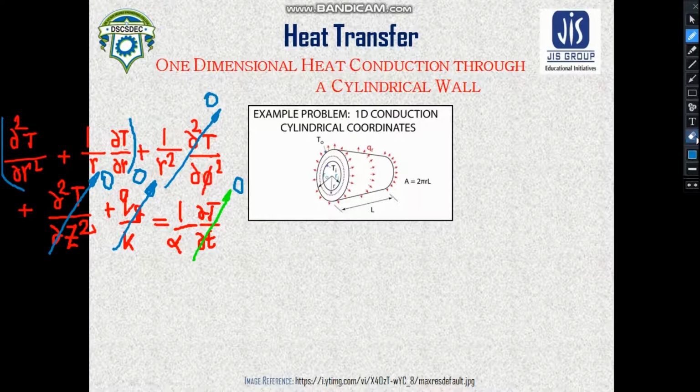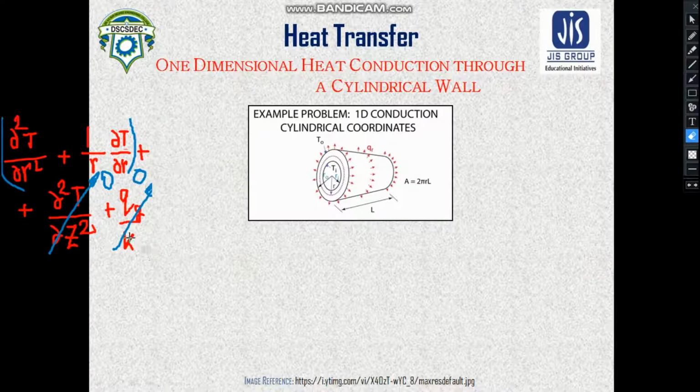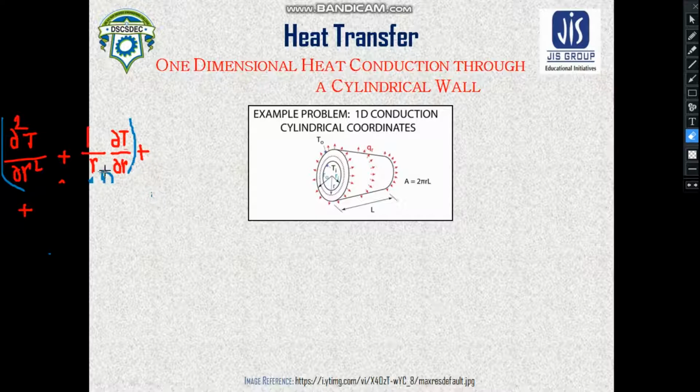Give me some time, and I will clear up all the terms which are not required here. We can see that this equation has been reduced to only the terms of r. That means here you can find heat transfer taking place, and the temperature is varying with respect to the radius.